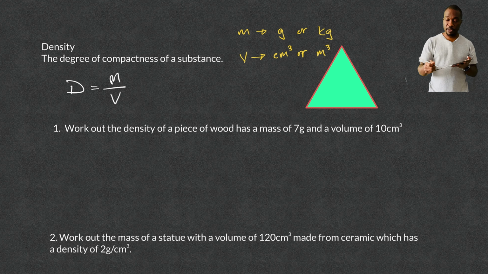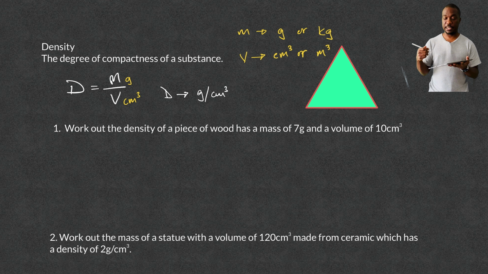Now, because we have to divide mass by volume, then density will be grams per centimeter cube. Or if the mass is in kilograms and the volume is in meter cube, then it's going to be kilograms per meter cube. Now, why did I put a triangle there? Well, let me tell you why that triangle is there.